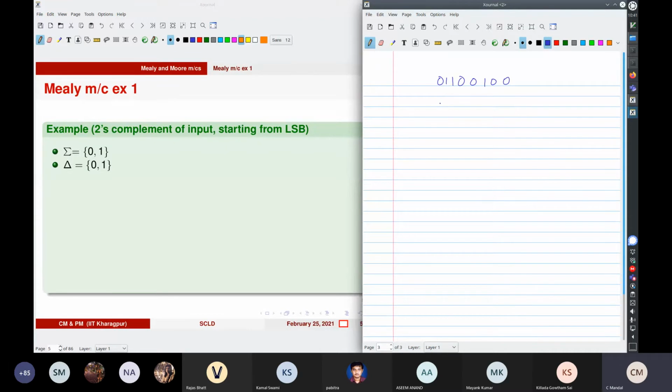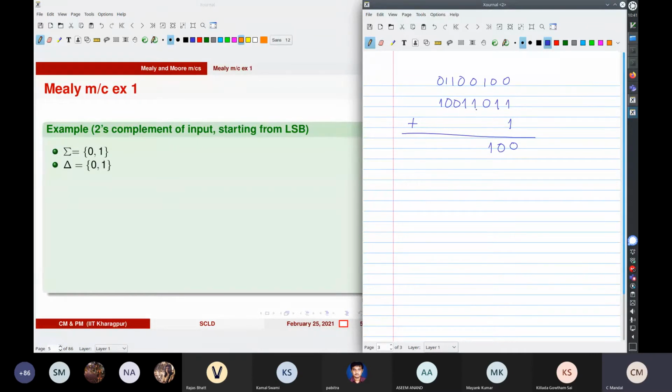First we complement, and then you increment. We are taking the 2's complement. So you increment. So this will become a 0, this one will become a 0, and this will become a 1.